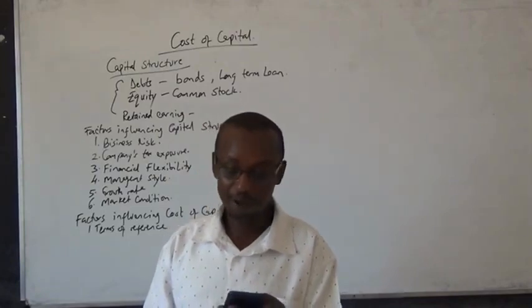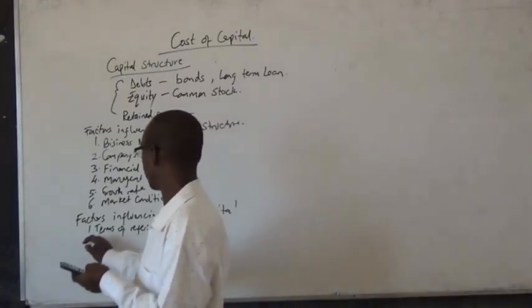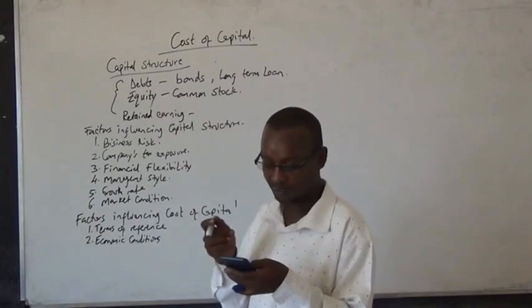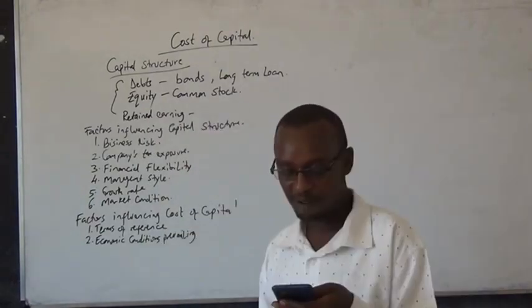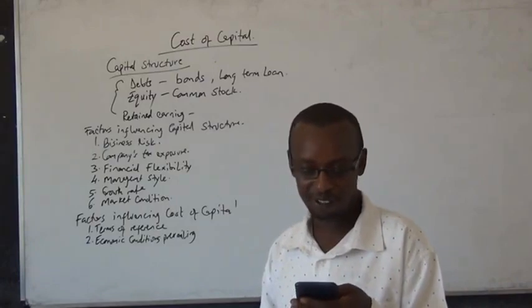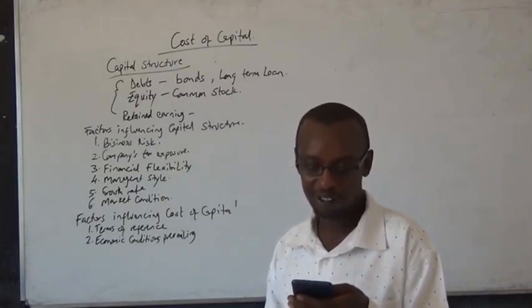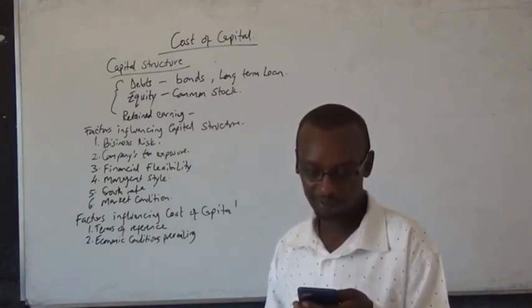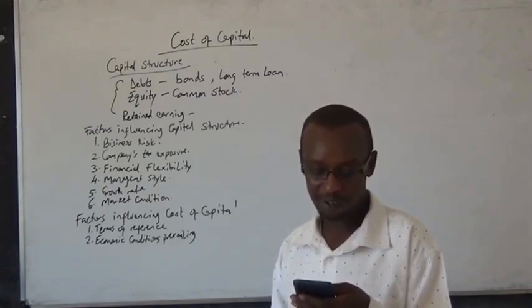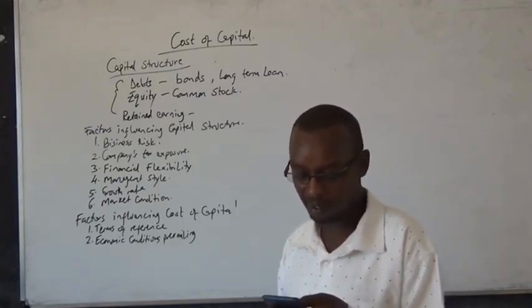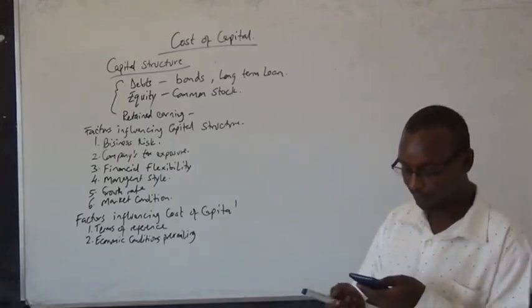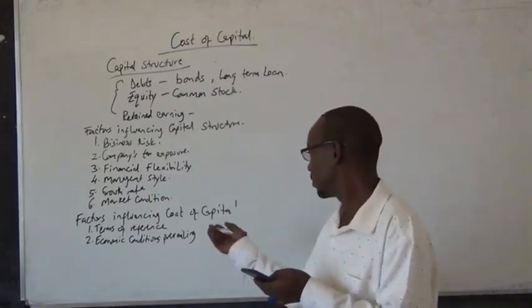Then, economic conditions. Economic conditions prevail. So if a company is operating under inflationary conditions, then that company will pay high costs. So the effect of finance will be passed onto the company. Yeah, the economic condition.